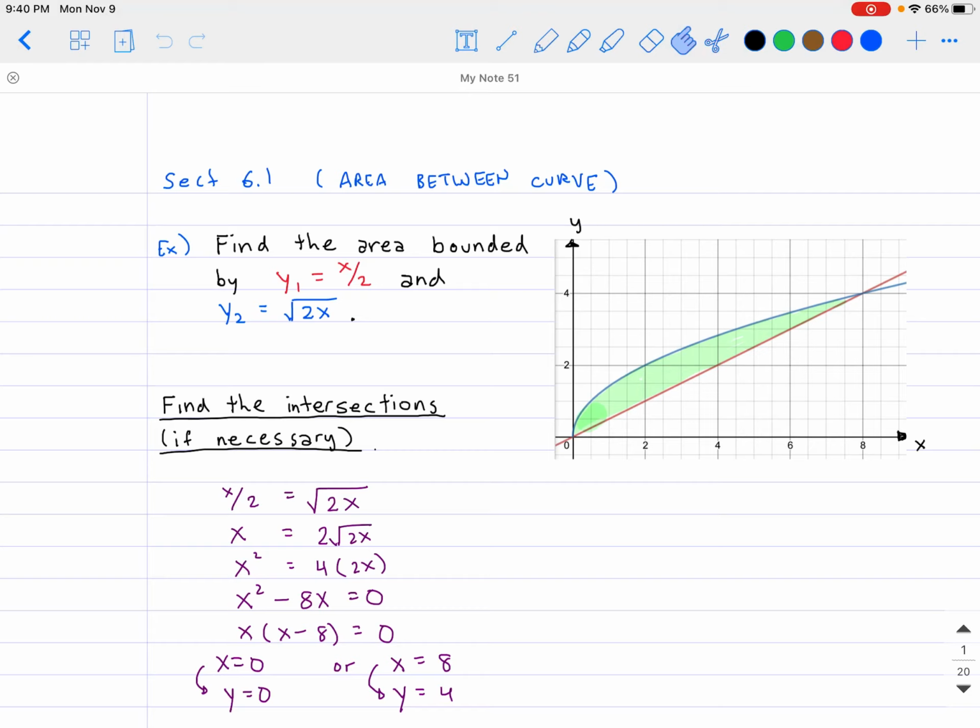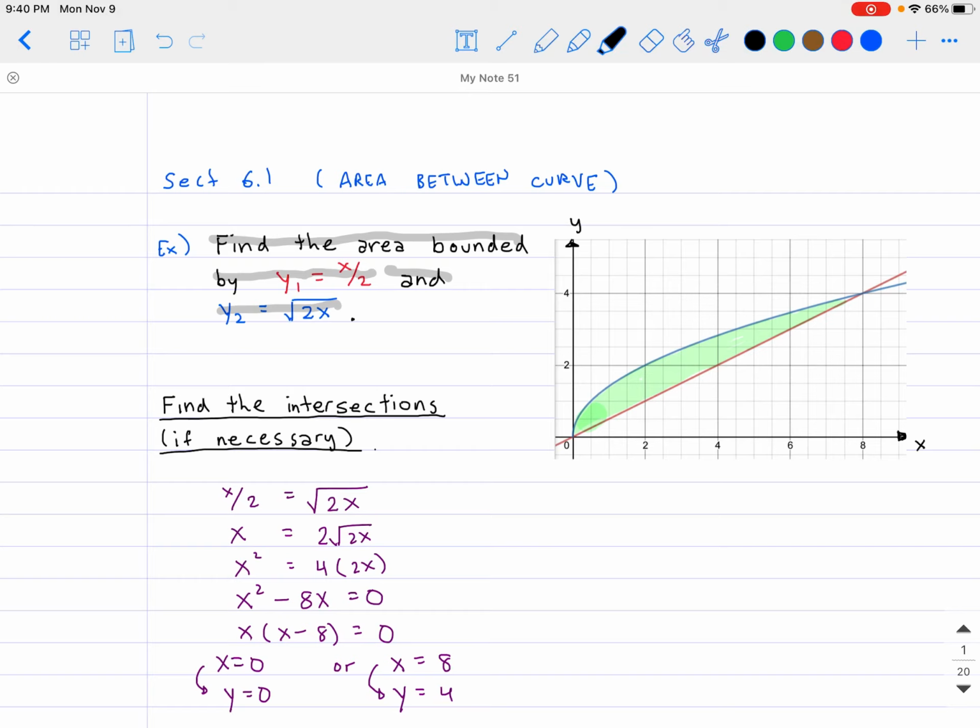So this first part is more of an introduction, which is, for the most part, hopefully trivial, but nonetheless we should talk about it just in case. In this first problem, I want to find the area bounded by y1 equals x over 2, and y2 equals the square root of 2x.